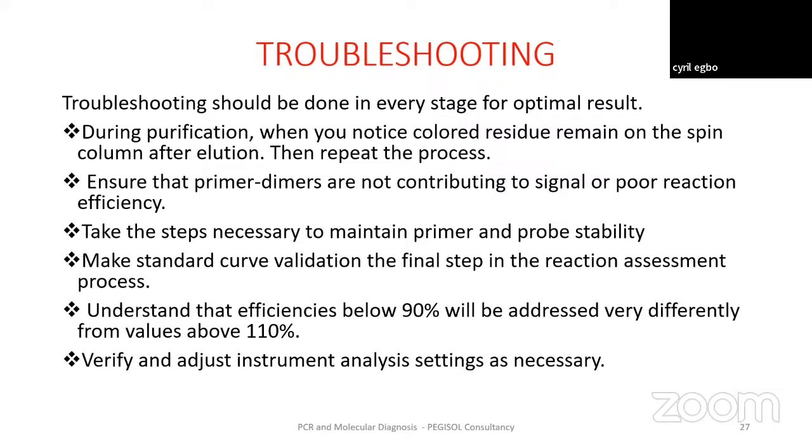And to ensure that primer dimer does not contribute to poor signal or poor efficiency, you need to check the length of your primer, check whether it's within the range of 18 to 22. If it's beyond that, you know that you should not use that primer.